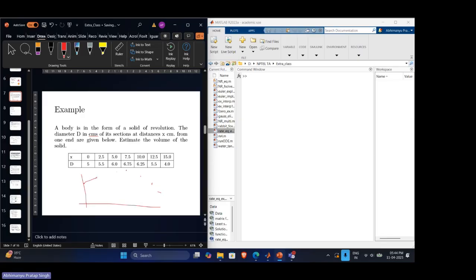So we have a surface like this, and we are rotating this around the x-axis. So we want to calculate the volume of this revolution.